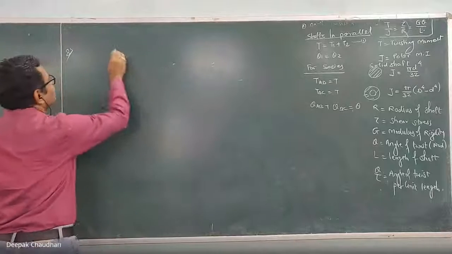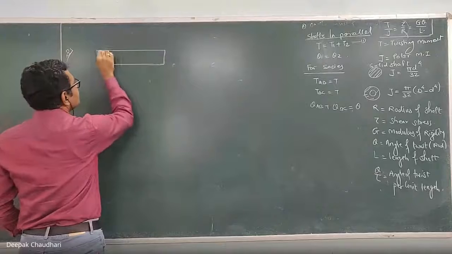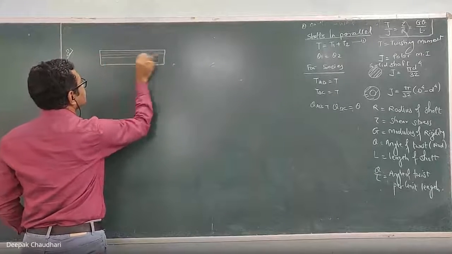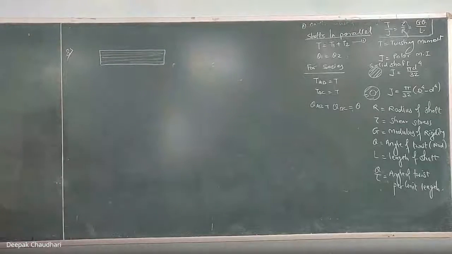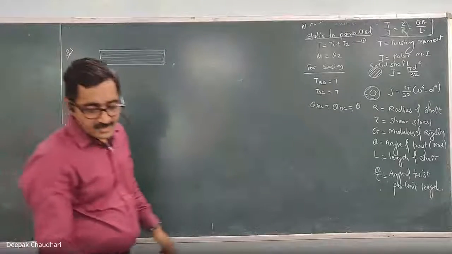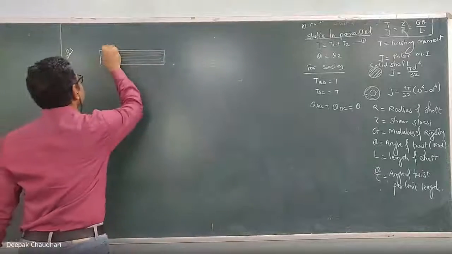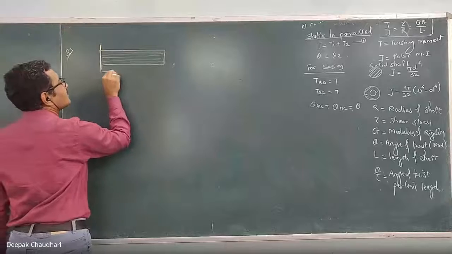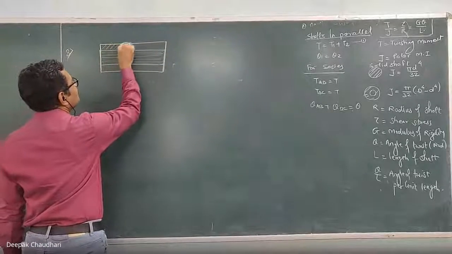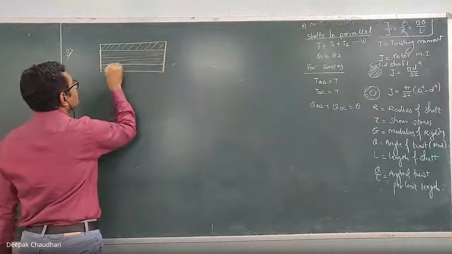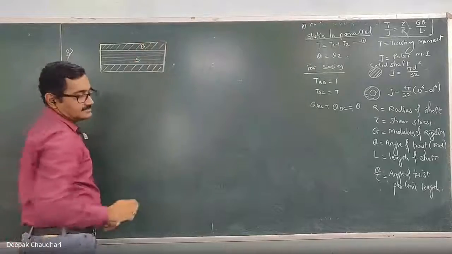I am drawing the figure. This is one rod, and over this rod there is another tube. A compound shaft consists of the steel rod and the brass tube. This is the steel rod, which is enclosed inside the brass tube. So this is the brass tube, shown by the yellow chalk, and this is the steel.